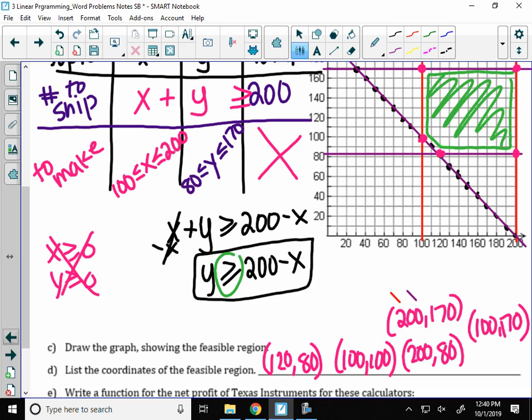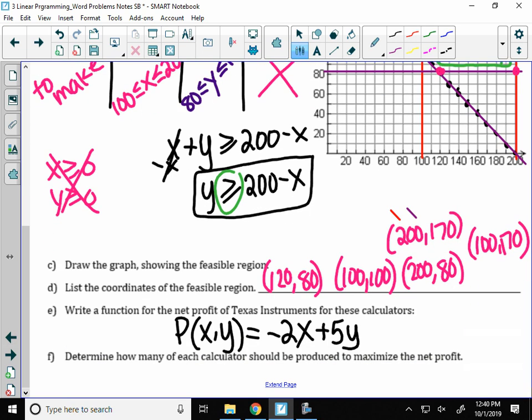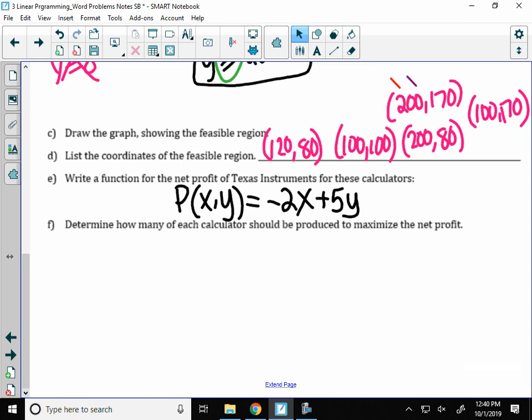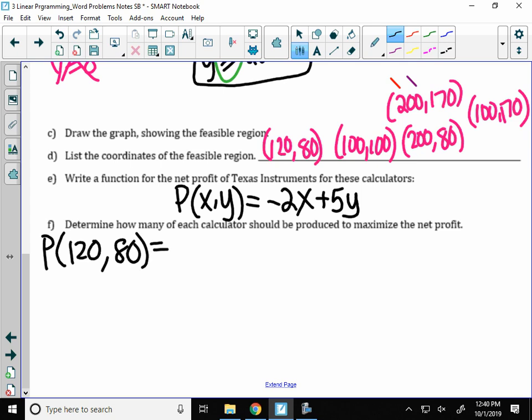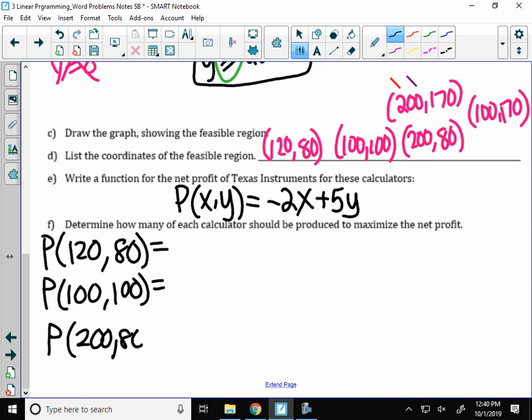Okay? So let's do what we did in the last problem. Let's write out all of our profits and then we'll divide it up by rows to evaluate. So the first row by the window, we'll find P of 120, 80. The second row, we'll do a profit of 100, 100. Middle row, profit of 200, 80.